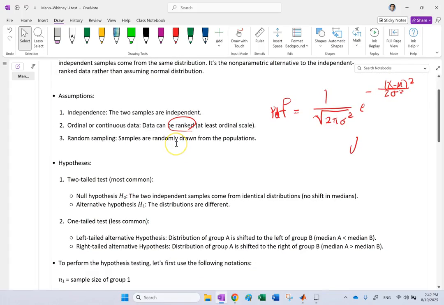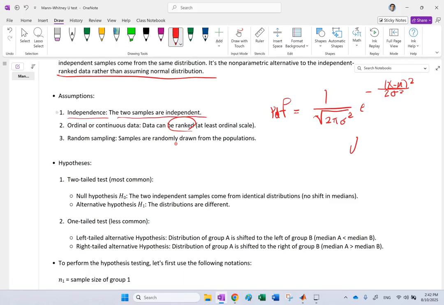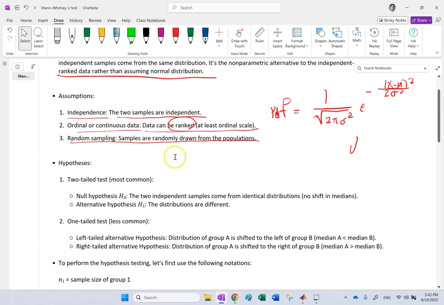Now, the assumptions for the Mann-Whitney U-test are, first of all, that the data in the samples are independent from each other. The sampling is done randomly, and the data can be sorted or ranked. So the data should be ordinal or continuous.